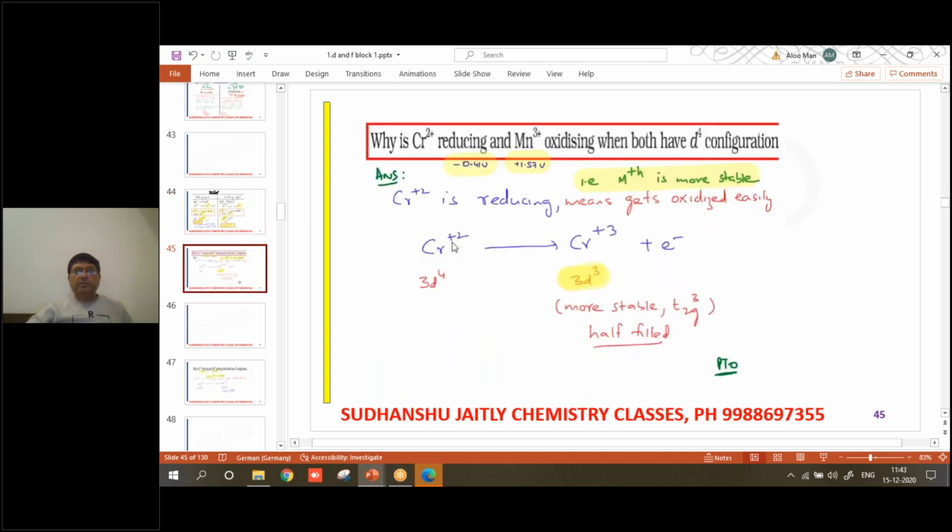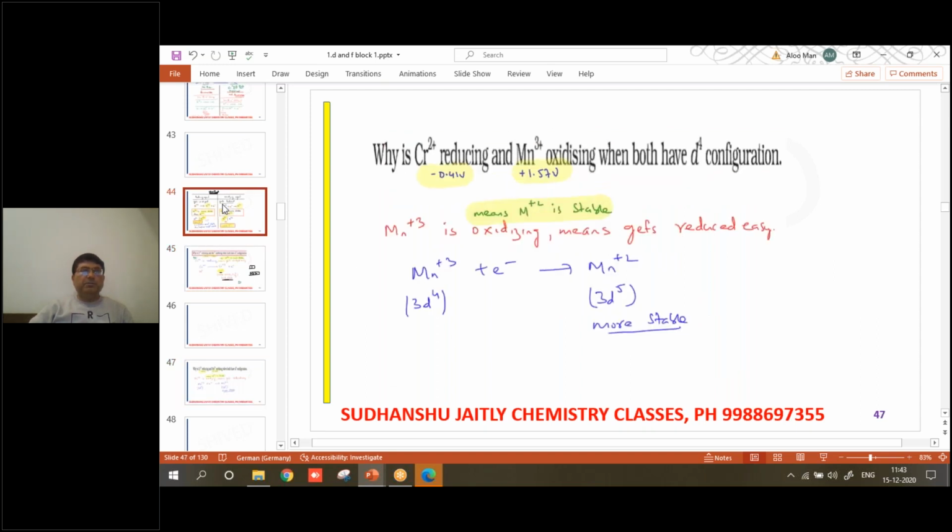You talk about chromium plus 2, chromium plus 3, crystal field theory. The D3 is taken as what? The half filled. Yes, half filled is nature is going to prefer. So the higher oxidation state is more stable. So its tendency is to lose electron. Lose electron is going to be खुद क्या होगा? Oxidize, and it will be the better reducing agent.